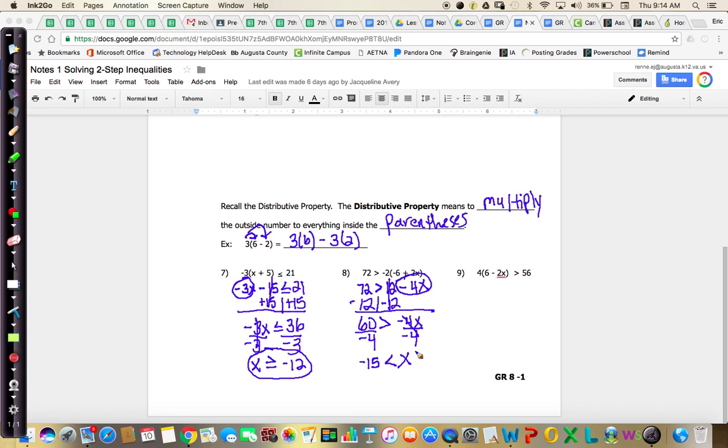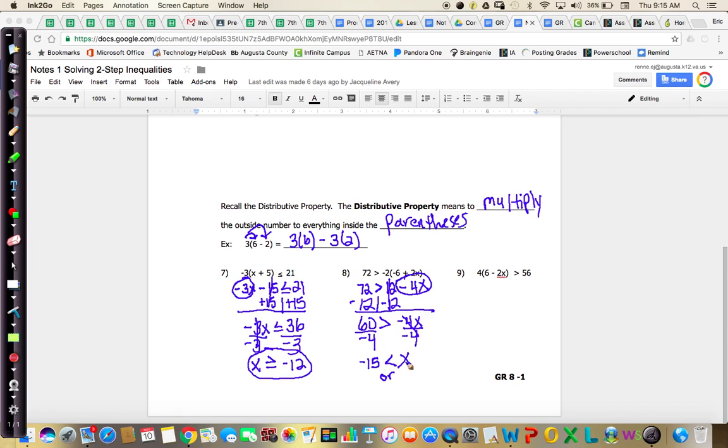Now, we learned back when we solved one-step problems that there are two ways to write an inequality. Typically, when you see an inequality written, you will see the variable on the left side. Now this one, the variable is on the right side. So we can always write inequalities two ways by reading it backwards.